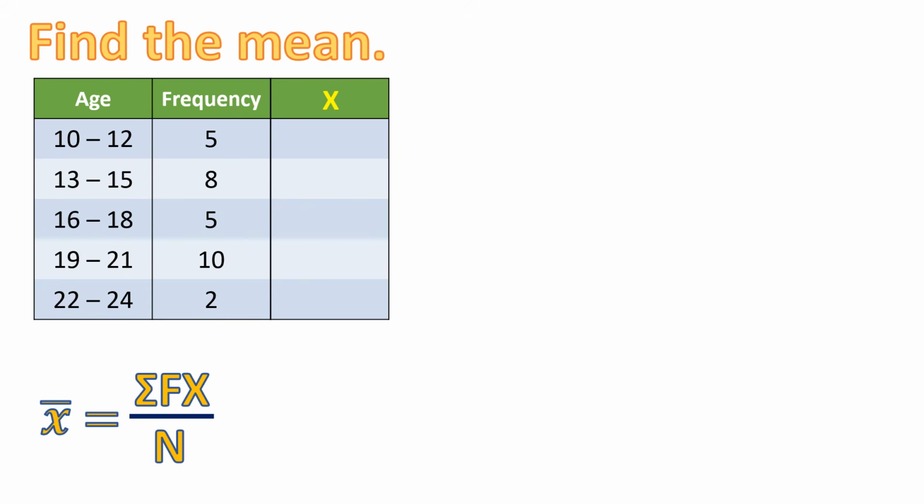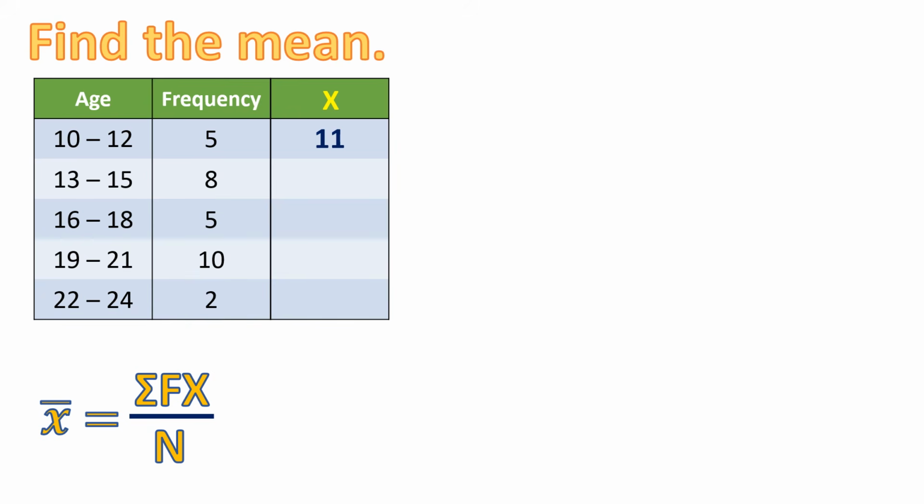What is the middle of that? 13 to 15, and so on. Or you can just add 10 and 12 and then divide by 2. That's the shortcut in finding the middle value of an interval. Anyway, this is only an interval of 3, 10, 11, 12. So obviously the class mark of the first row is 11 because that's the middle. Or you can add 10 plus 12 is 22, divided by 2 is 11.